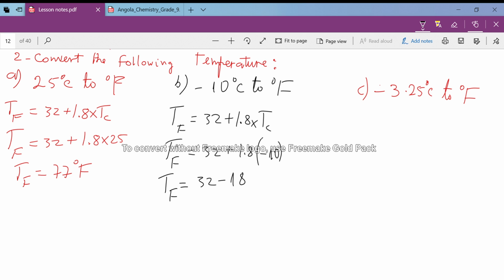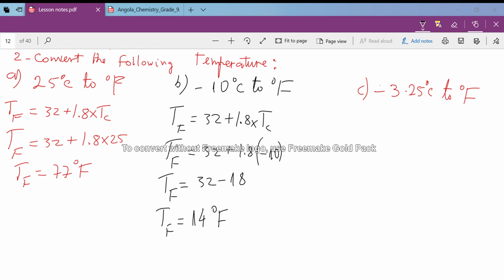So TF will be 14 degrees Fahrenheit. Do not forget the unit, guys.